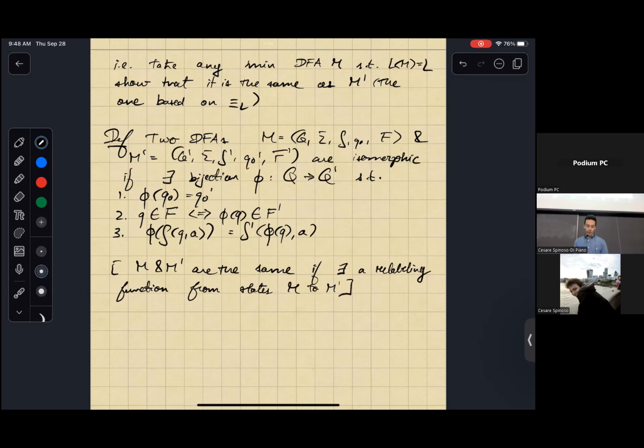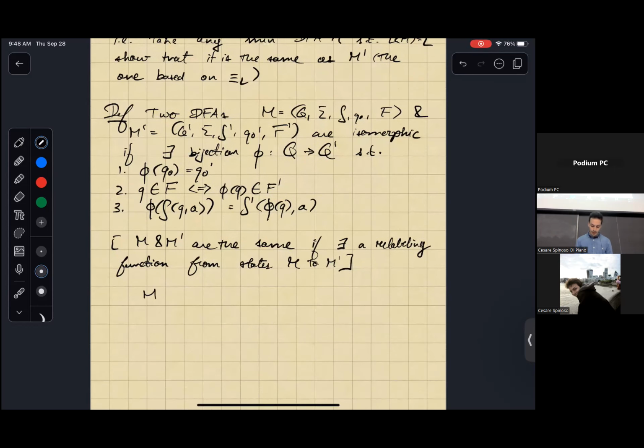So for example, suppose I have 2 machines, M and M prime, and I have the machine M, which looks like this, and the machine M prime, which looks like this.